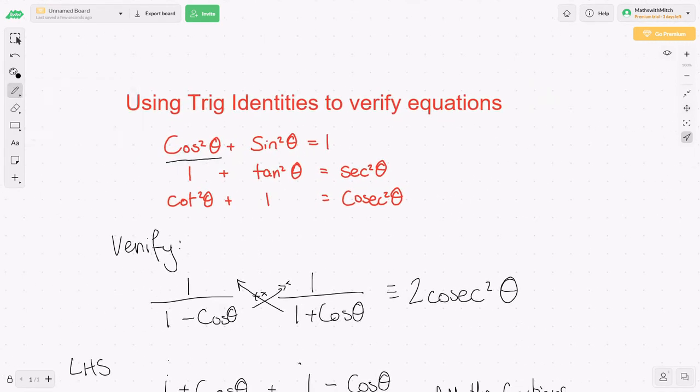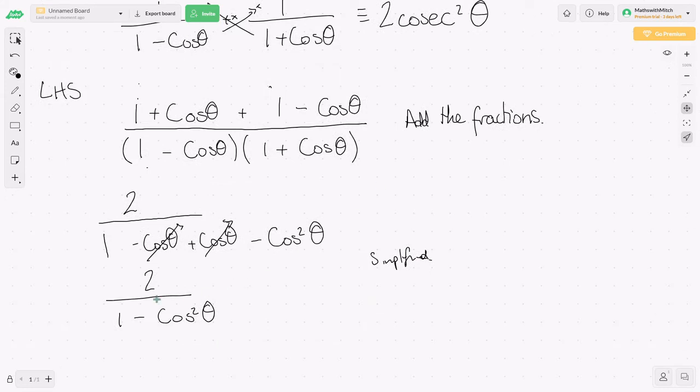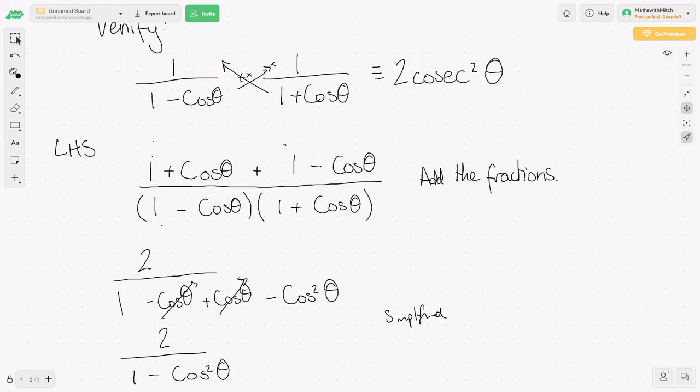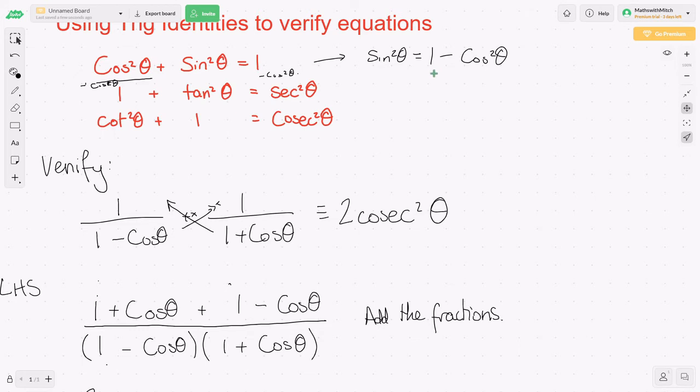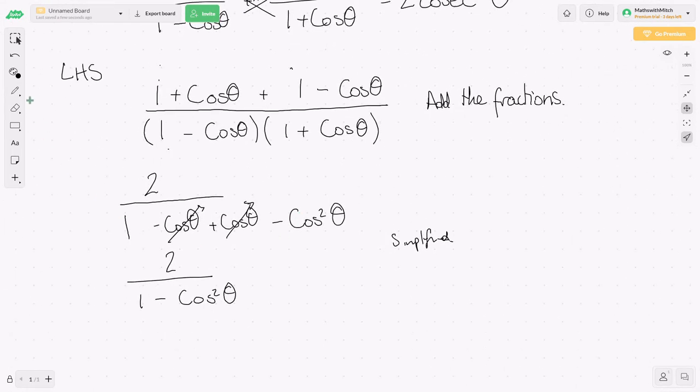However, what we can think about is if we were to minus cos squared theta from this side and minus cos squared theta from this side, essentially making sine squared theta the subject, we end up with sine squared theta equals 1 minus cos squared theta. And as luck would have it, that is exactly the term that we've got on the bottom. So we know we can sub sine squared theta in for 1 minus cos squared theta.